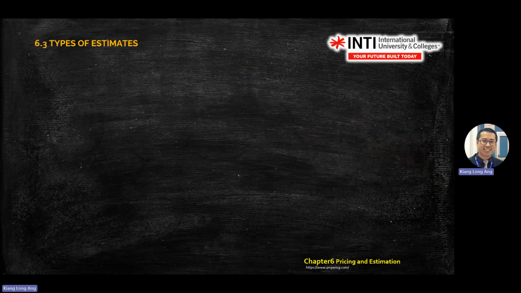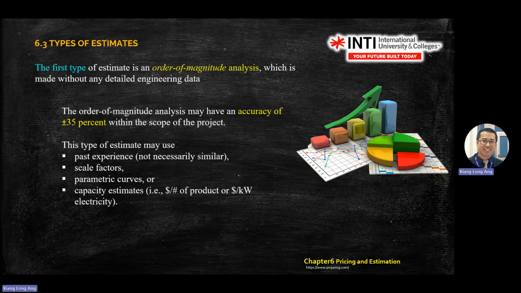Types of estimate. The first type is order of magnitude analysis. Order of magnitude analysis is without detailed engineering data, so the accuracy will be plus minus 35%. For this type of order of magnitude analysis, you can use past experience, parametric curve, capability estimate.